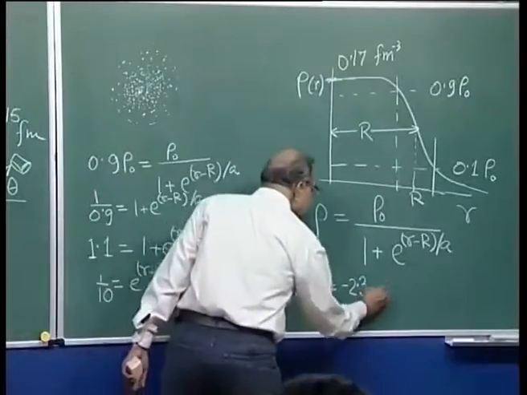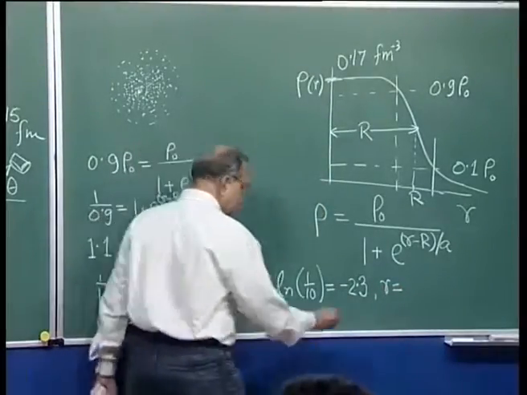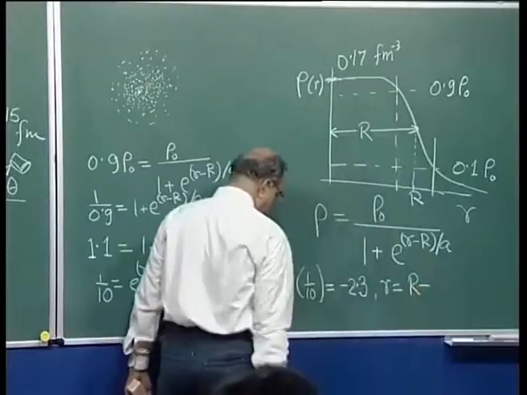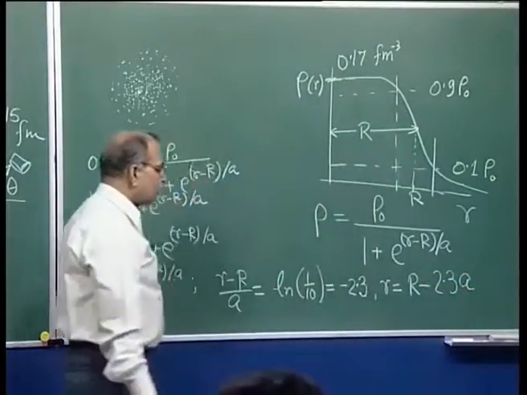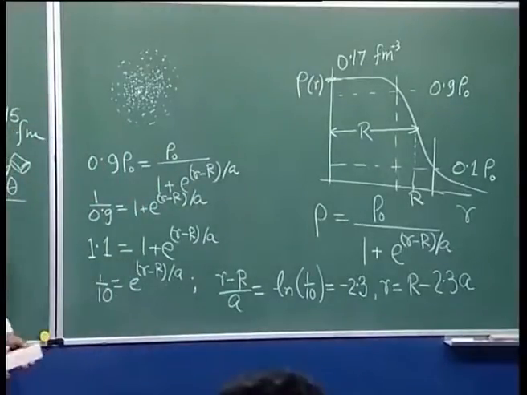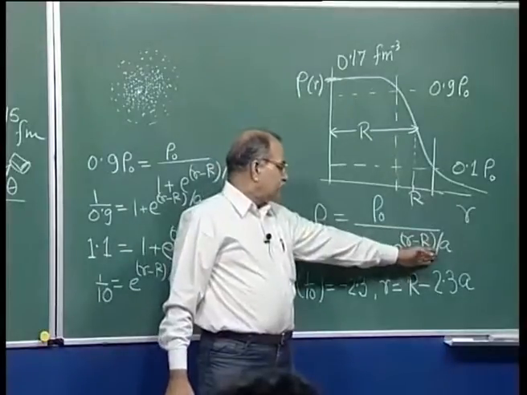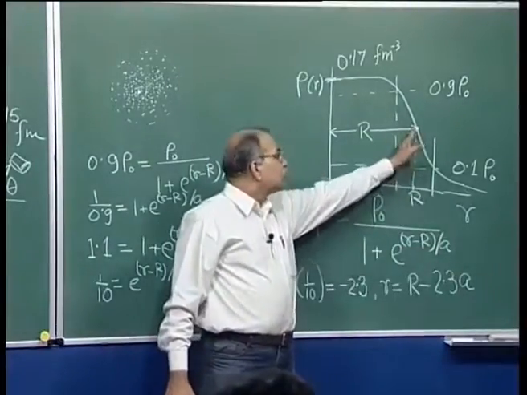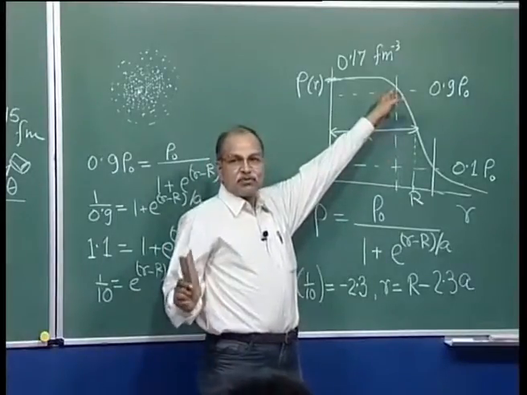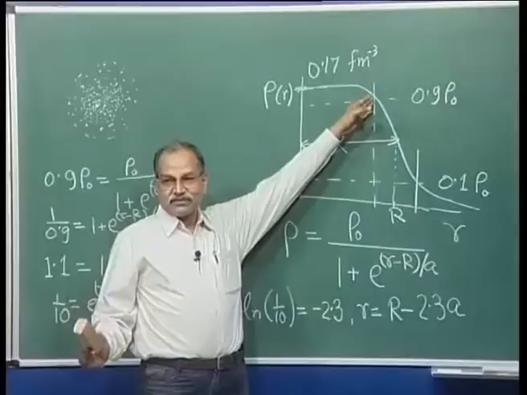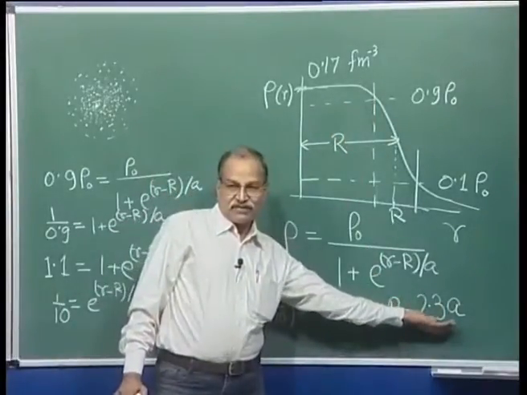So, r is equal to capital R minus 2.3 times A. So, this is capital R, and 2.3 times A behind it, the density will drop off to 90%. So, you can get the meaning of A from here.